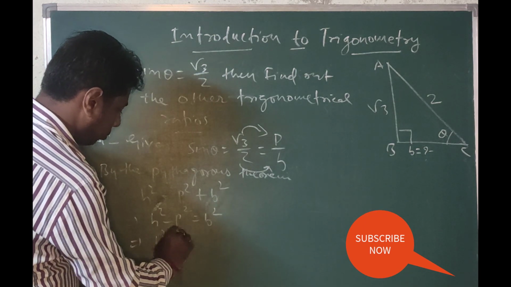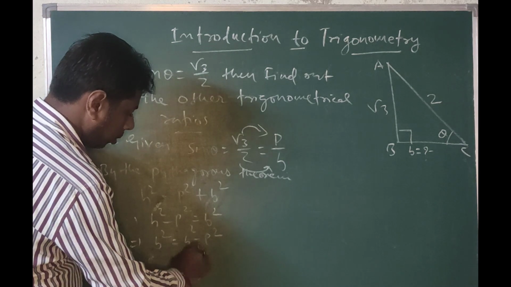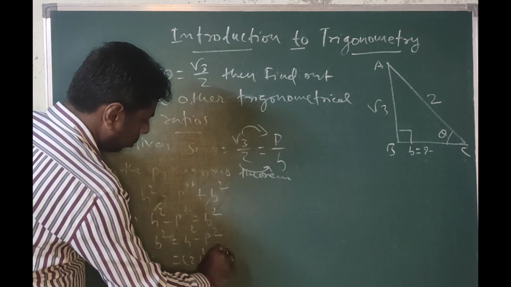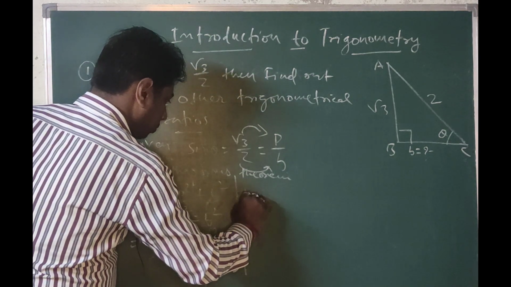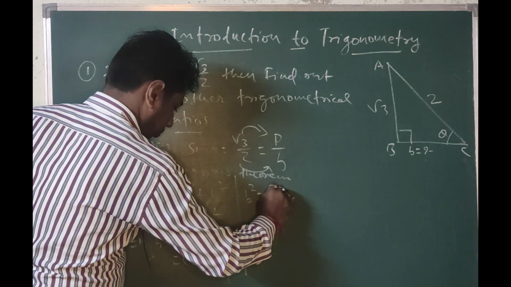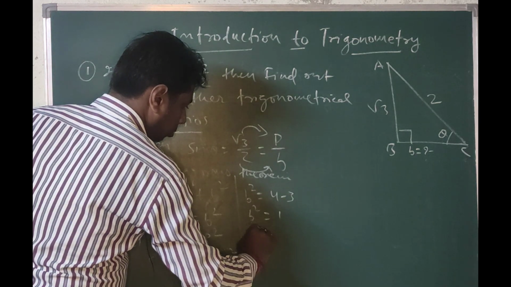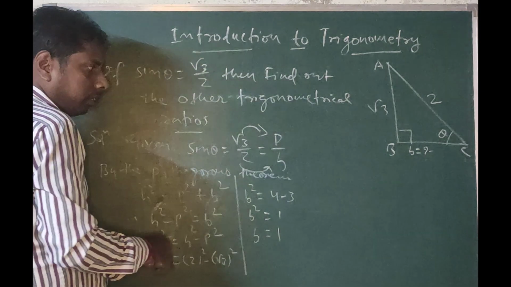So B square equals H square minus P square. Now we put the values: H is 2 square, P is root 3 square. So B square equals 4 minus 3, that is 1. So the value of B is 1.